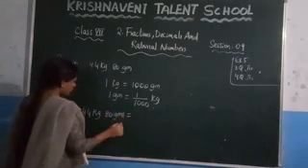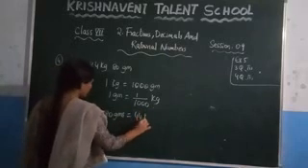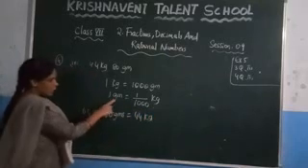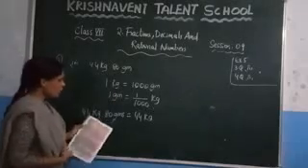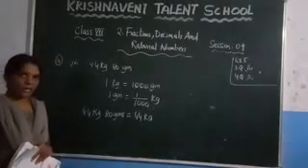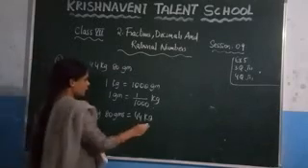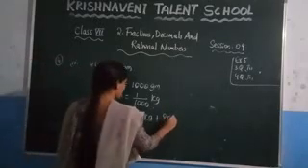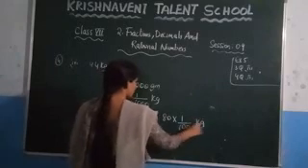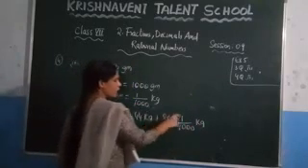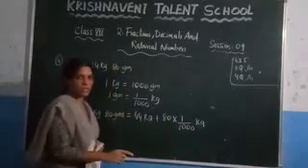This one you can write as 44 kg. Since 1 gram is equal to 1 by 1000 kilograms, what is the value of 80 grams? You need to multiply 80 with 1 by 1000. So write here plus 80 into 1 by 1000 kilograms. It is in the form of kilograms. We have converted these grams into the kilograms.